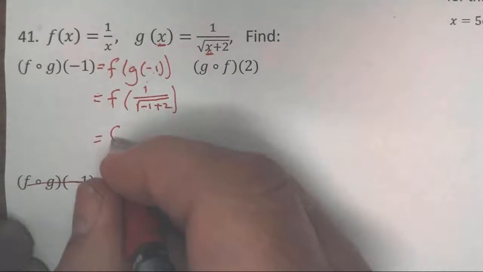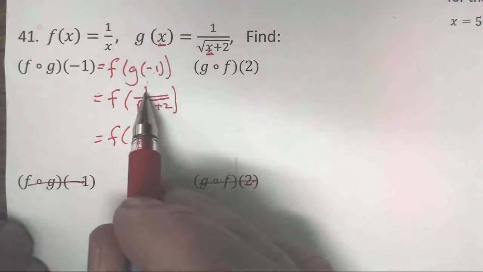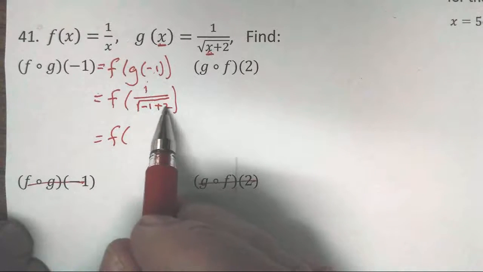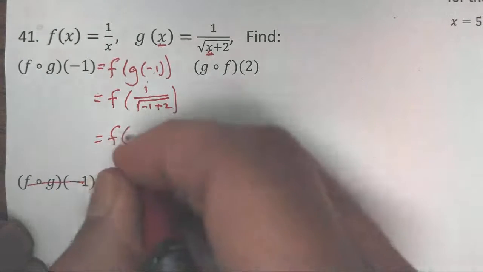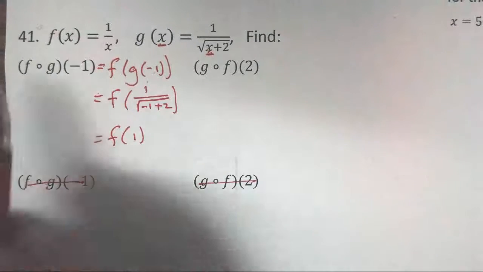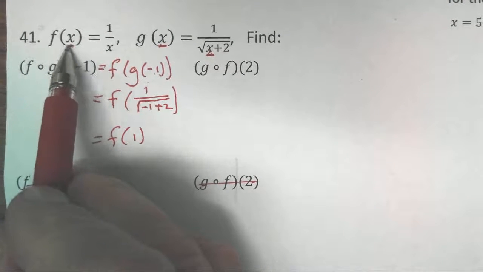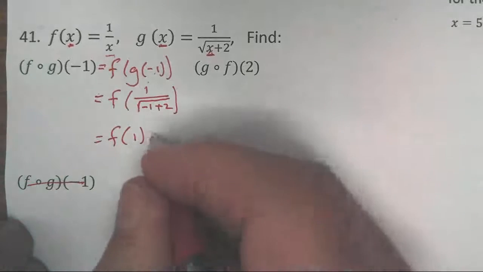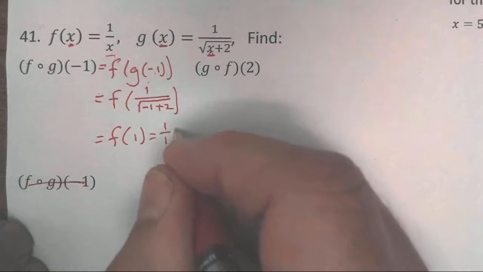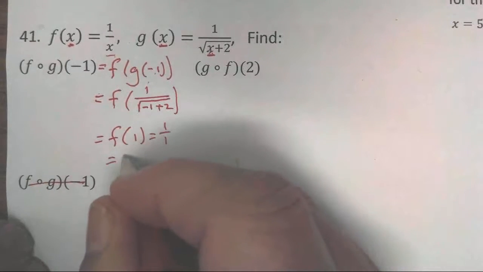So that is f of, that's -1 plus 2, 1, square root of 1, 1, 1 divided by 1, 1. So now all I have to do is drive 1 into f. F is a factory that takes things and puts them right here. So that is 1 over 1, or just 1.